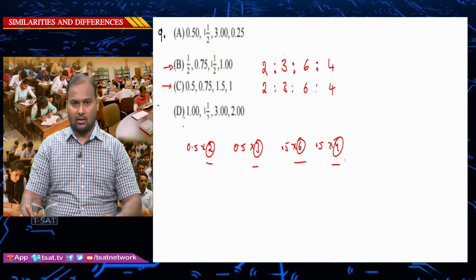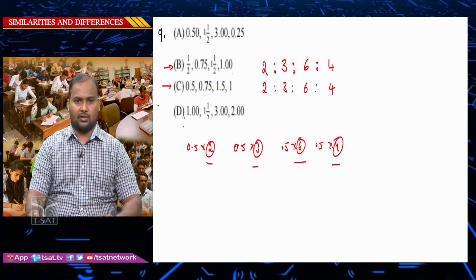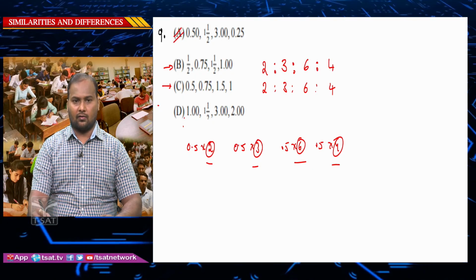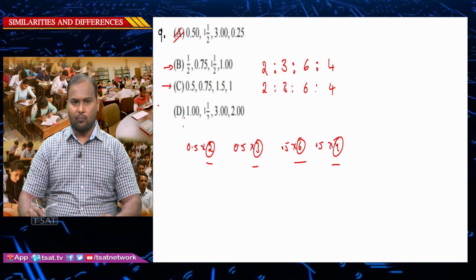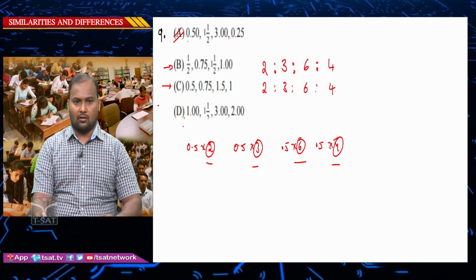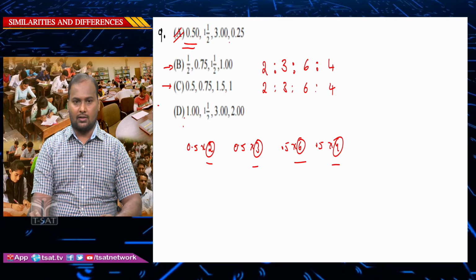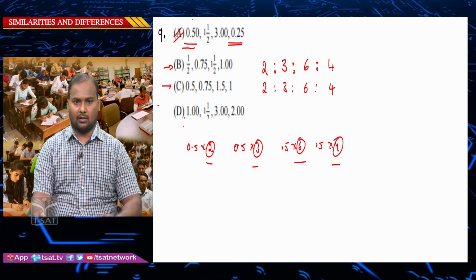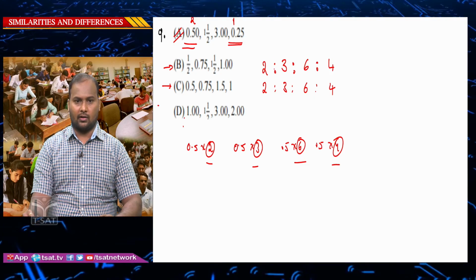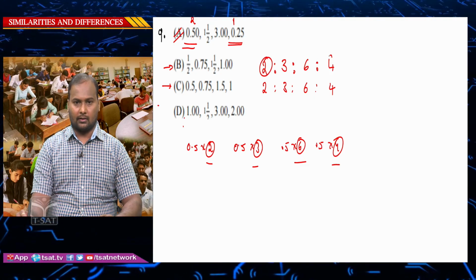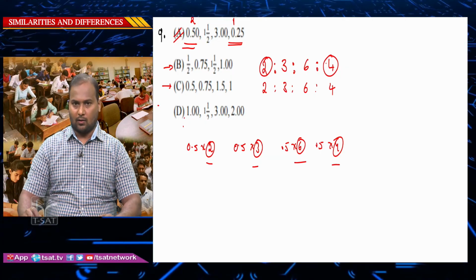That is the ratio that we can observe. But if you see, option A is not following this particular pattern of 2, 3, 6, 4. Instead, if you see these two options, 0.5 and 0.25, the ratio is something like 2 and 1. Yes or no? But here it is like 2 and 4. So it is avoiding this particular logic.